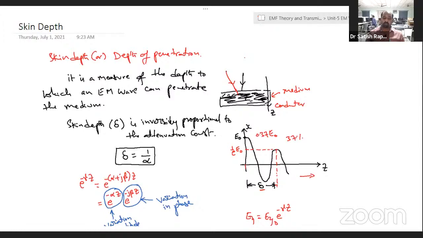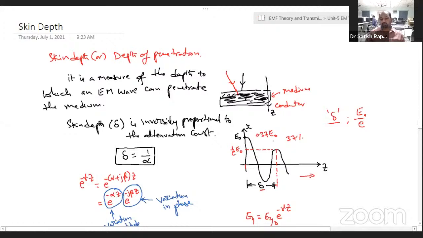Now skin depth: when a wave penetrates through a conducting media to the depth of delta, the wave's amplitude will become 1 by e times E naught, and that is called skin depth.